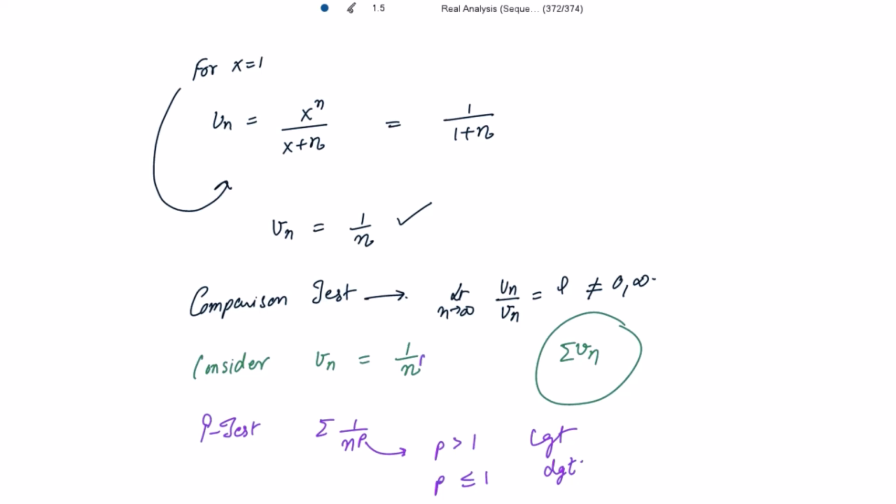Now here p is equal to 1, the power of n. So p is equal to 1, that is, this condition p less than or equal to 1, the series is divergent. So from p test we can say that this series is divergent, right?